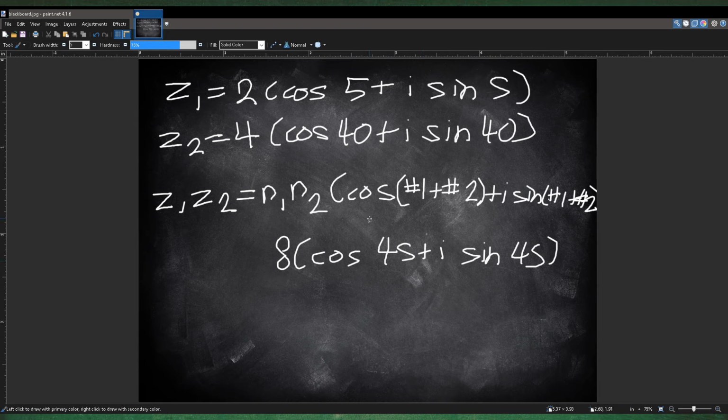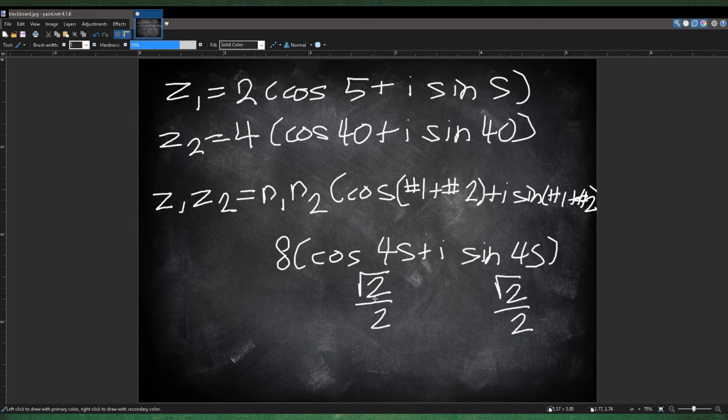And then you could just convert it into rectangular form. So cosine of 45 is square root 2 over 2. Sine of 45 is square root 2 over 2.